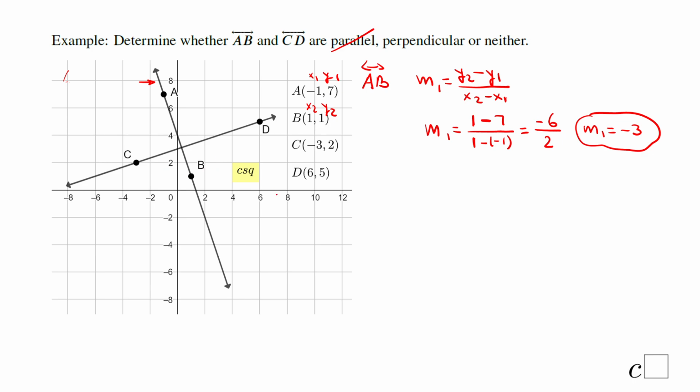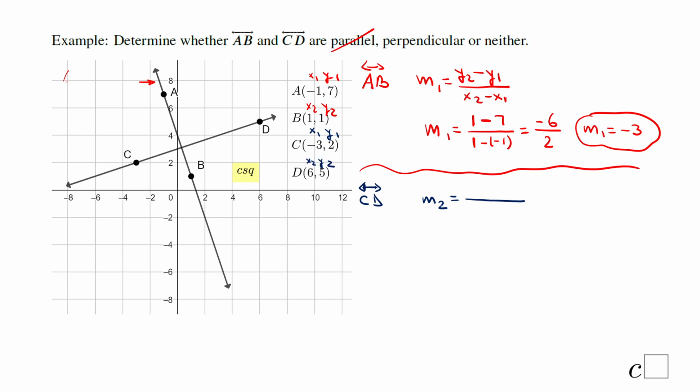Let's take a look at line CD, the second line. And we're gonna use the same formula of the slope for this m sub 2, y2 minus y1 over x2 minus x1. The only difference, be careful what your x's and y's are. So label again, x1, y1, x2, y2.